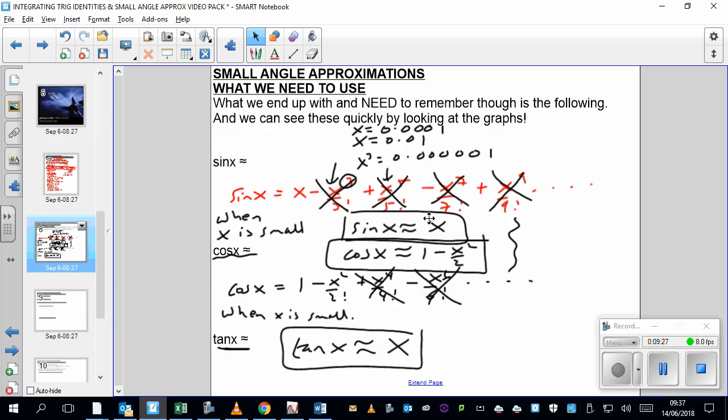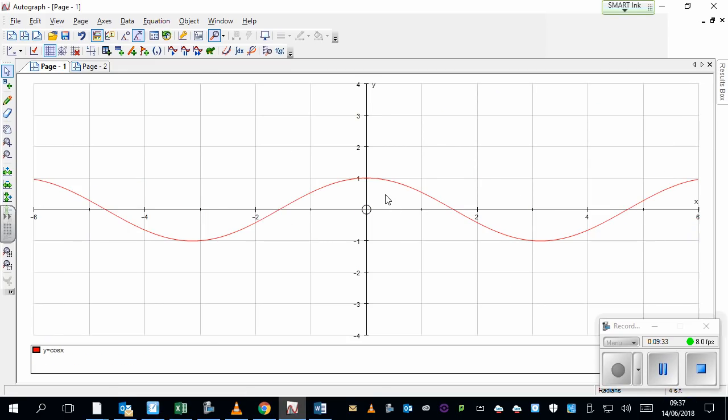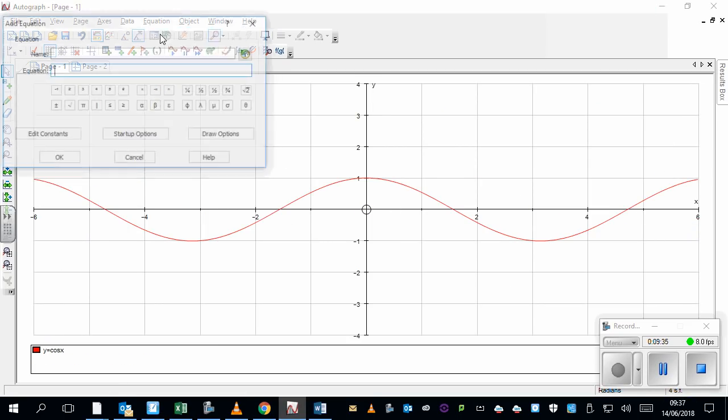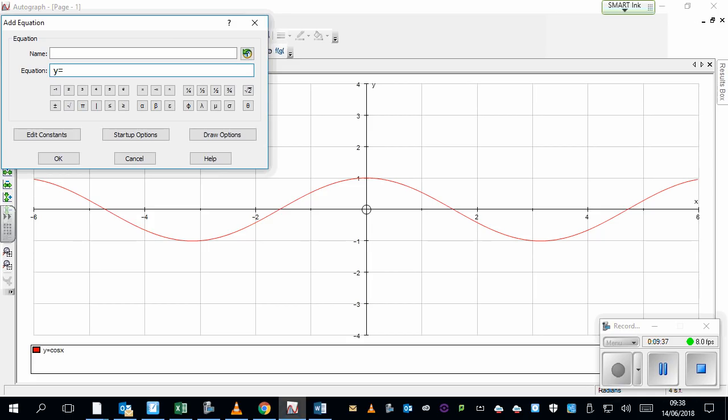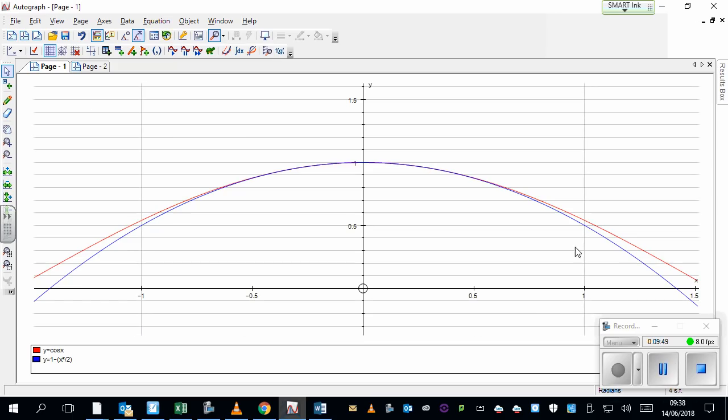So again, looking at the graph, how accurate are we talking about? Let's look at the cos graph, for instance. This is the cos graph here. And if I'm saying that y equals 1 take x squared divided by 2 is my approximation for cos, you can see actually it's quite good. If I zoom in, it's quite good between 0.5 and minus 0.5.